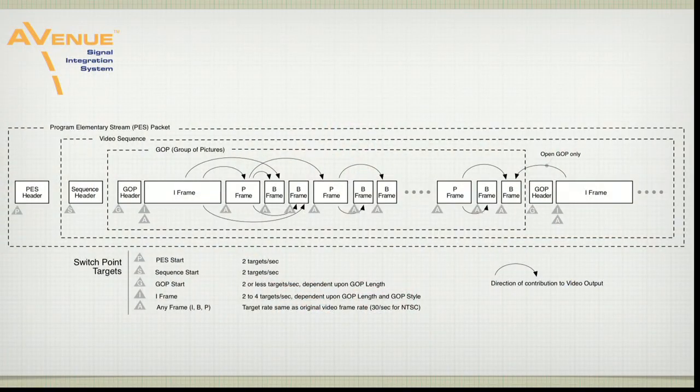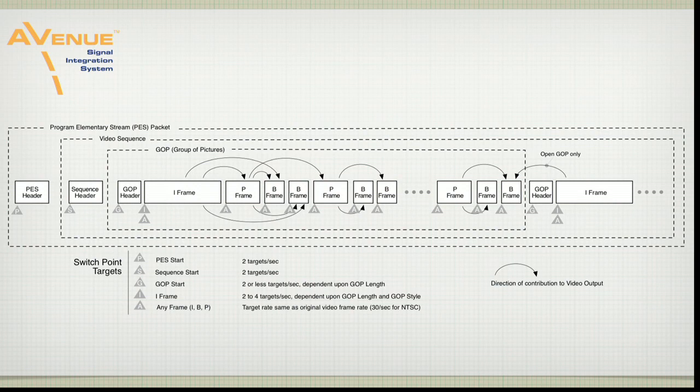The line is blurred a little bit between the contributions of the original content that came frame by frame and the MPEG stream itself. If we look at how the MPEG stream is structured, we see a group of pictures, or GOP.